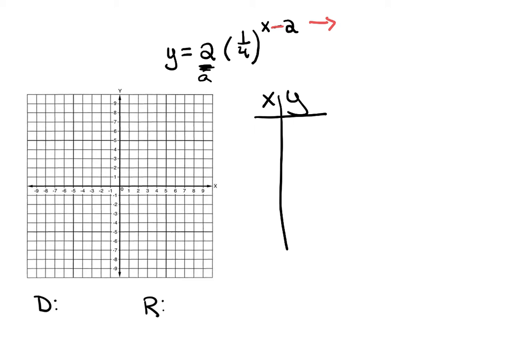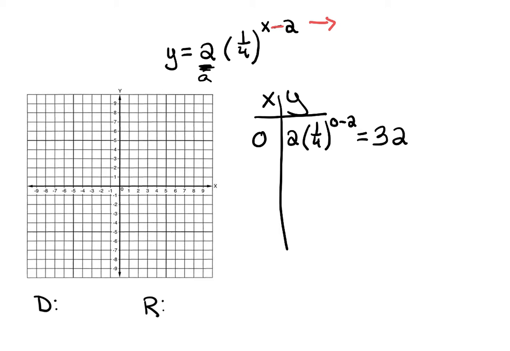So if I start with, let's say 0, so I have 2 times 1/4 to the power of 0 minus 2. So 0 minus 2 is negative 2, and then this will equal 32.